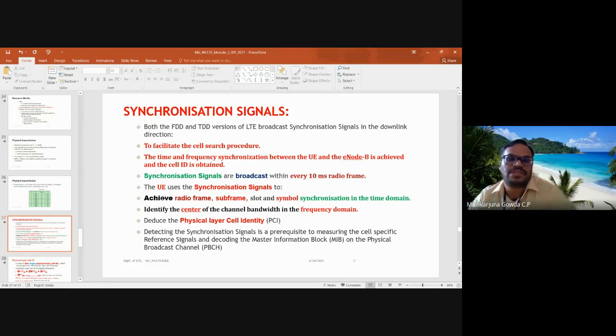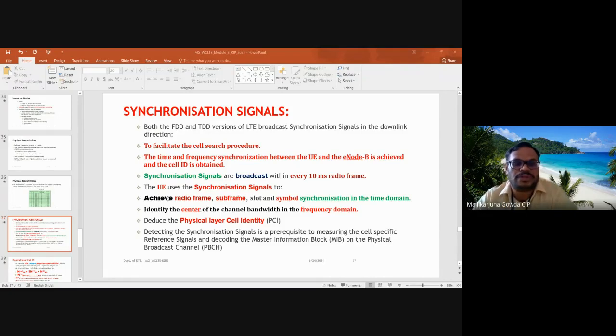Radio frame duration is 10 milliseconds, the subframe is 1 millisecond, the slot is 0.5 millisecond, and for the symbol, the duration including cyclic prefix is 71 microseconds. So to achieve the synchronization of all these things, the synchronization signals are required.